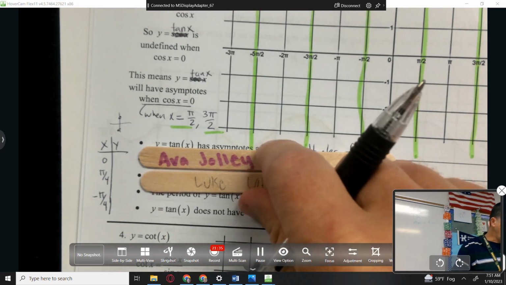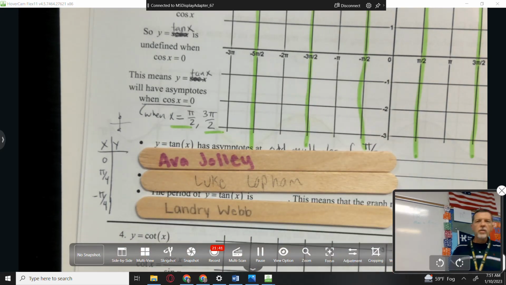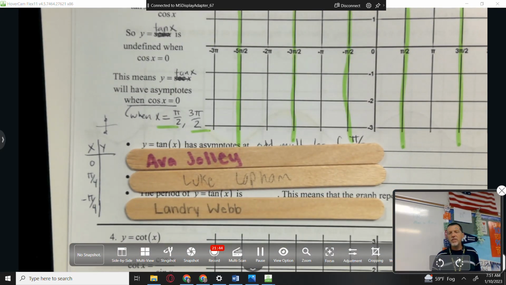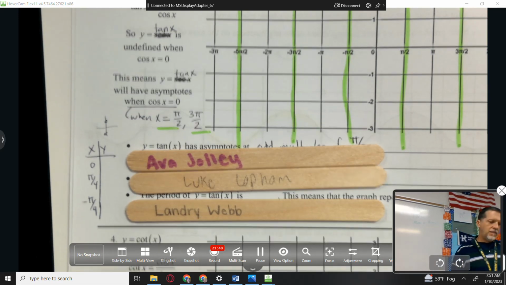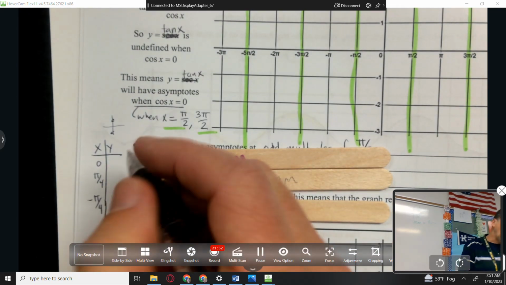And since we're all unit circle experts, we can pick on some people. Ava, what's the tangent of 0? There's a help. Remember, it's sine over cosine. It's 0.